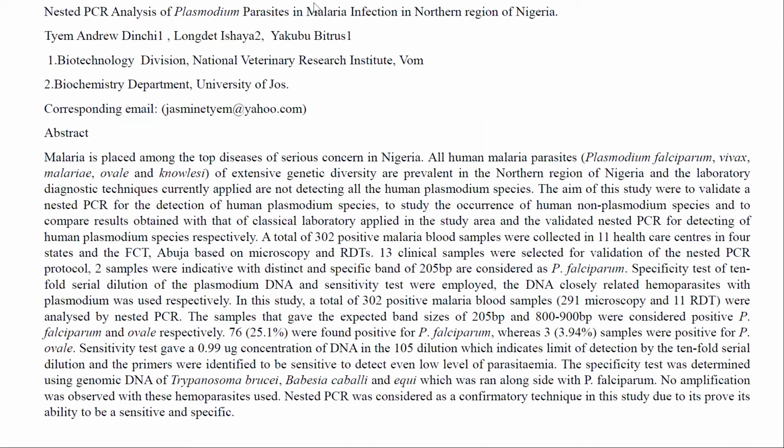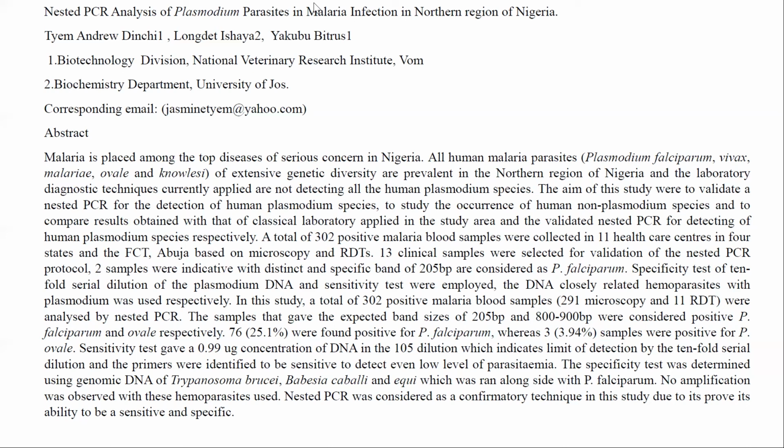A total number of 302 positive malaria blood samples were collected from 11 healthcare centers in 4 states: Plateau State, Nasarawa State, Kaduna State, and then the FCT. And we collected them based on the current laboratory techniques they were using, which were microscopy and RDTs.